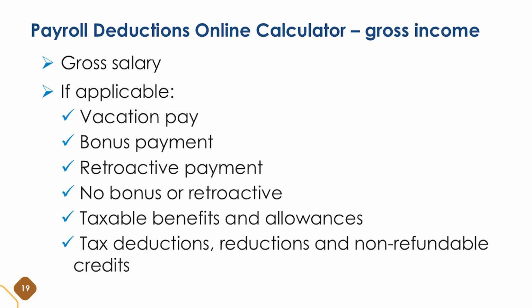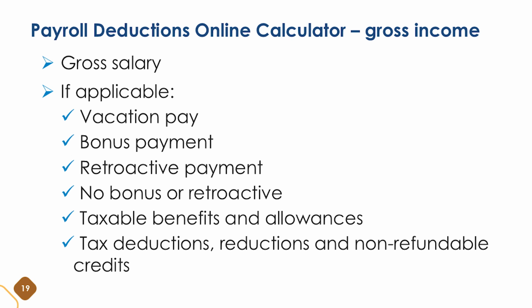Enter the gross salary or wages income for the pay period. This is a required field. Enter the vacation pay amount for the pay period if applicable. Of the following options, select the one that applies: a bonus payment, a retroactive payment, no bonus or retroactive payment.